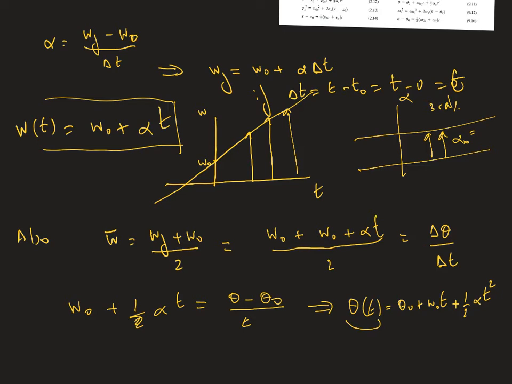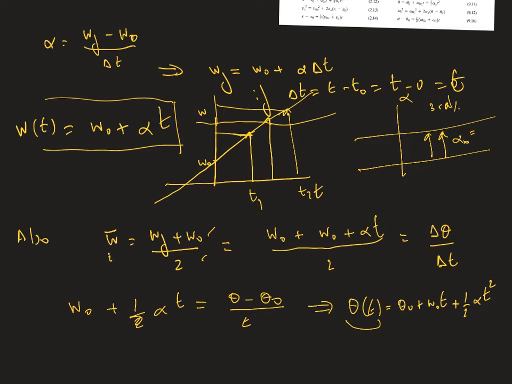The way was like this: because this is a rectilinear line, the average angular velocity between two points, t1 and t2, is omega final plus omega initial divided by 2. It is something in the middle here, something like this. It covers the same area. This is the average omega.